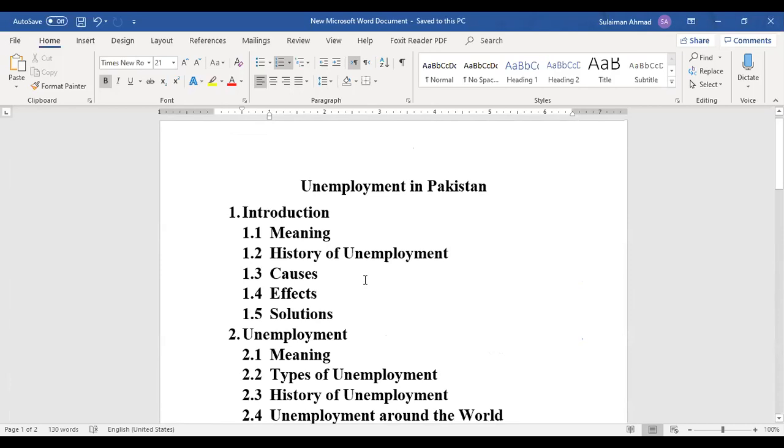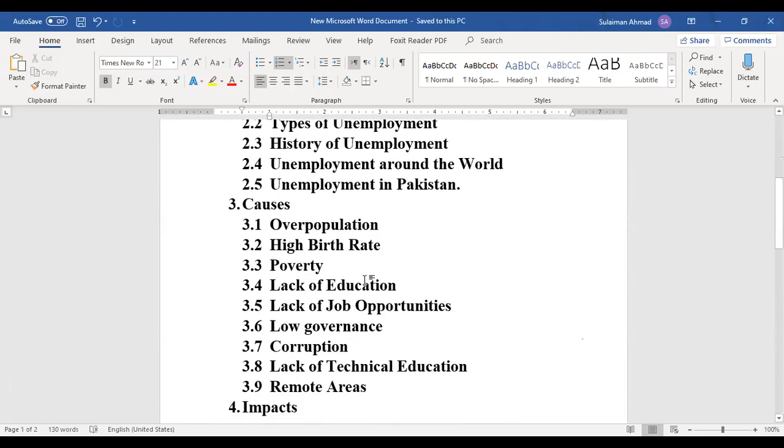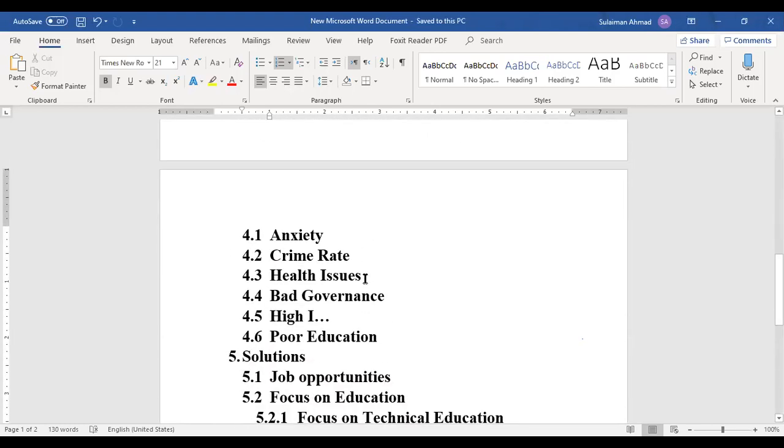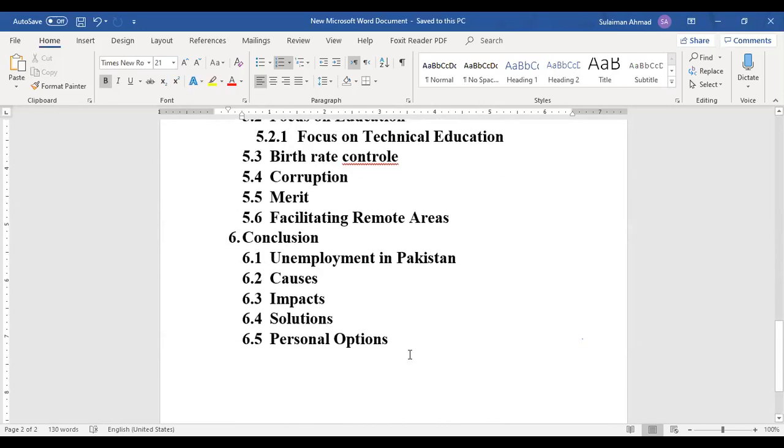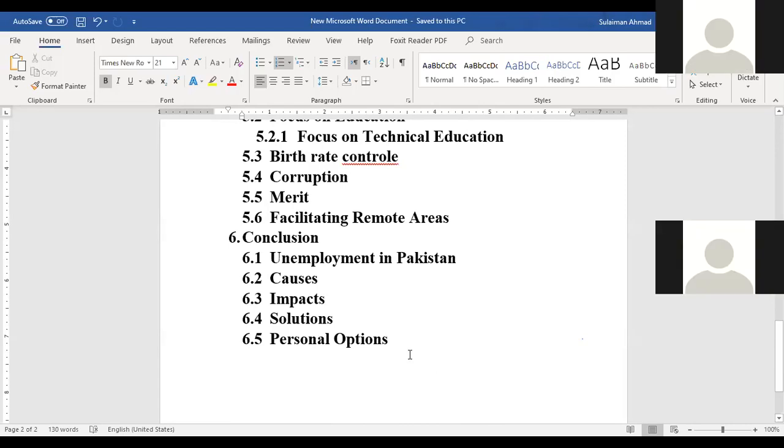I'm not talking about the research topic, that was before the midterm exam, fine. So this is the assignment, and you have to submit it by 3rd or 4th June. So work on your essay outline and then submit on time using the normal LMS.